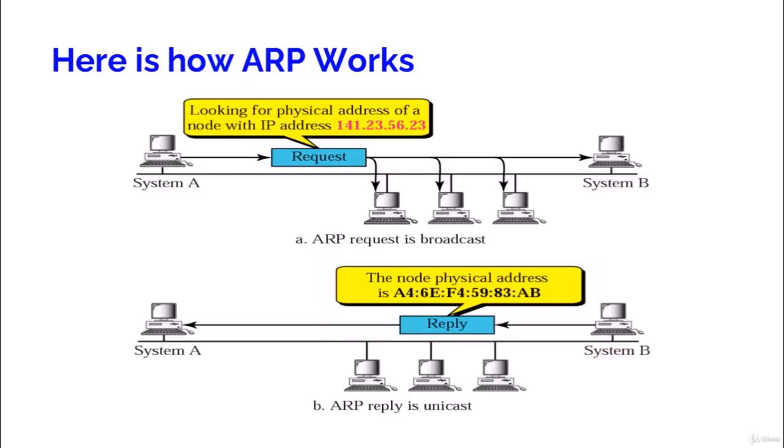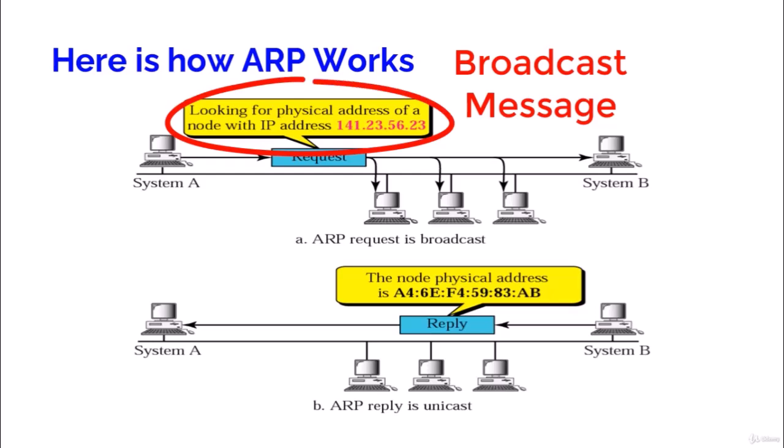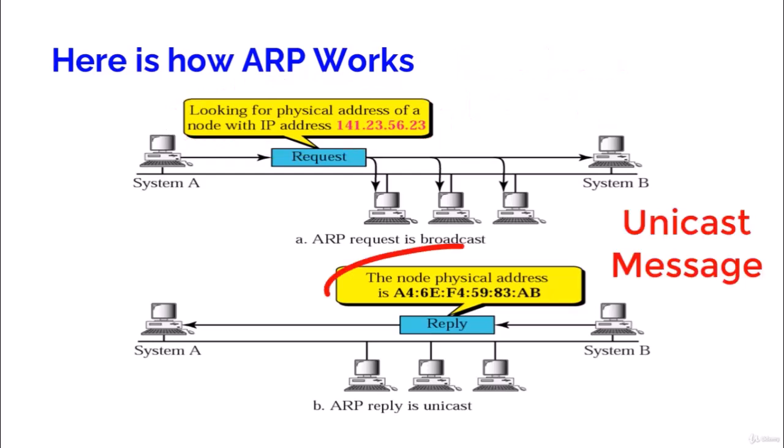In step 7, the destination device sends the ARP reply message, and it will not be a broadcast message, but a unicast message. This is very important. The source sends the broadcast message, whereas the destination always replies back with a unicast message.